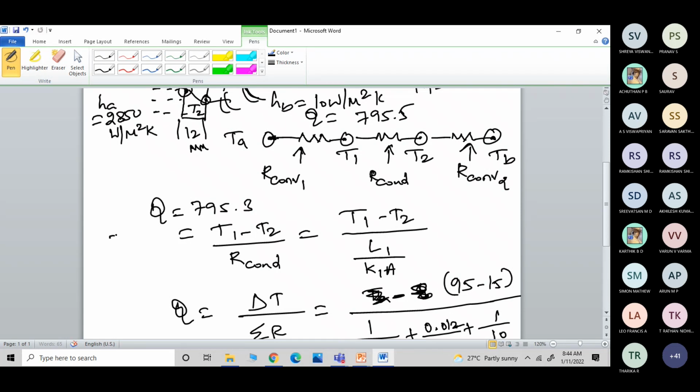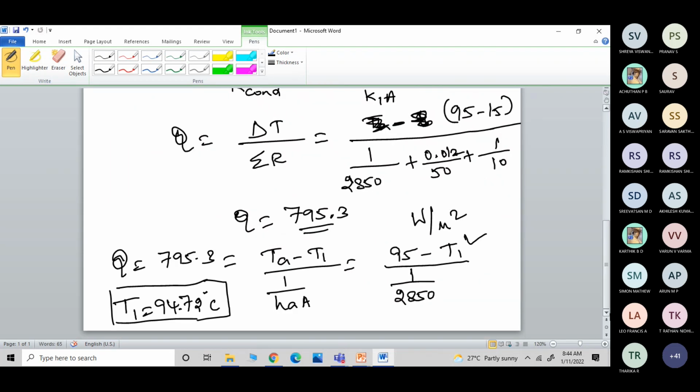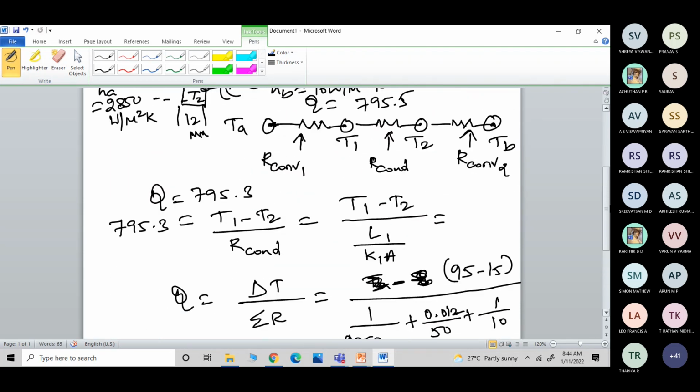So 795.3 is equal to 94.7 minus T2 divided by L1, 0.012, divided by K. What is the K value? Thermal conductivity 50. Okay, so when you substitute this, you will be getting T2, the intermediate temperature.